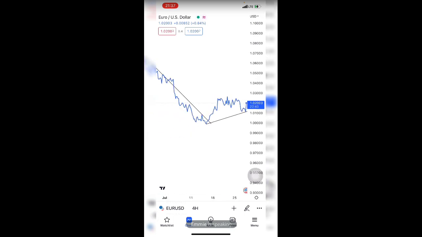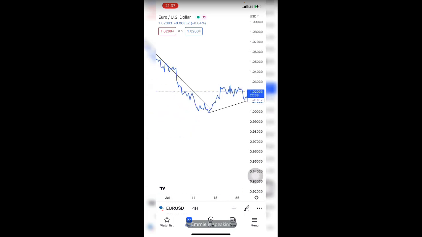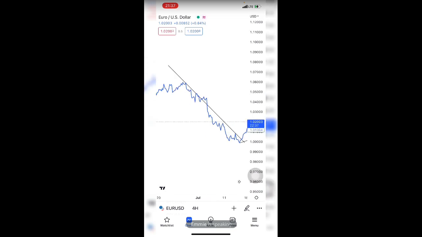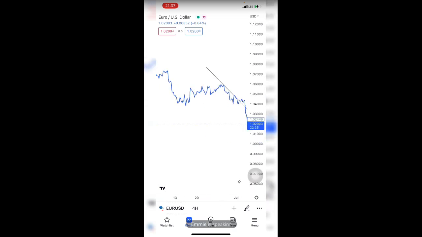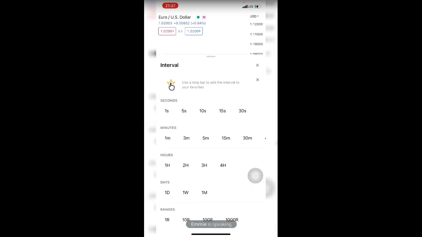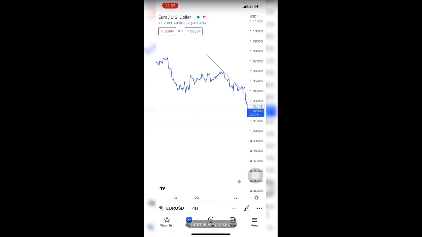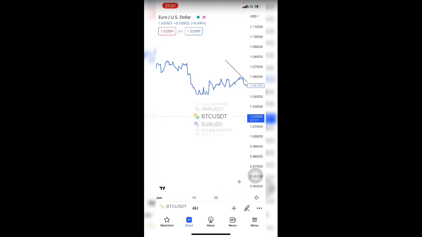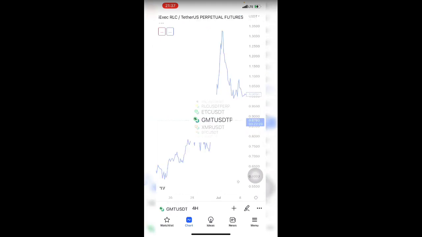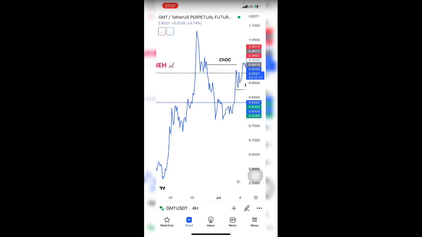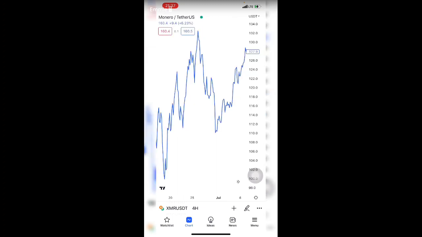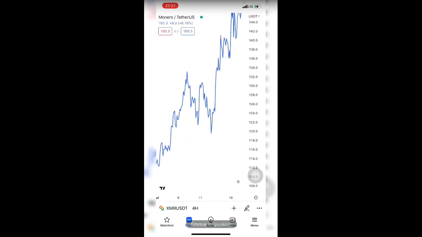So now why are we drawing trend lines? Why are we saying this one is a range, this one is an uptrend or downtrend? After drawing your trend line, let me use GMT or XMR. This one shows a confirmed uptrend.